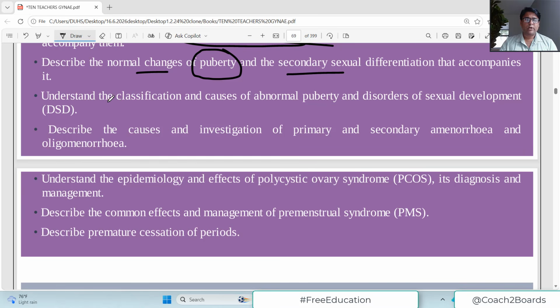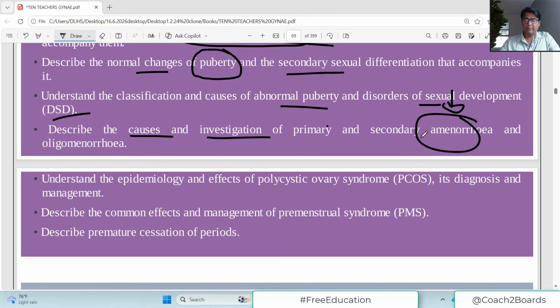Then we also will try to understand and classify causes of abnormal puberty and disorders of sexual development, DSDs. We will also spend some time on describing the causes and investigation of primary and secondary amenorrhea, which means कि menstrual cycle missing है. Primary amenorrhea, that menstrual cycle never appeared. So the female has reached to an age of menarche, but the menstrual cycles have yet not begun.